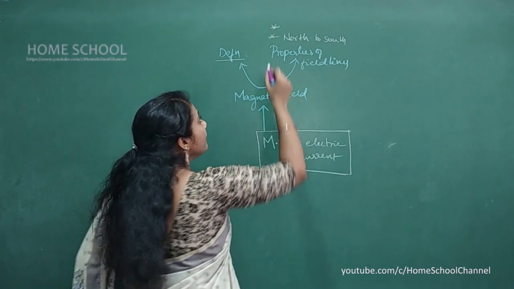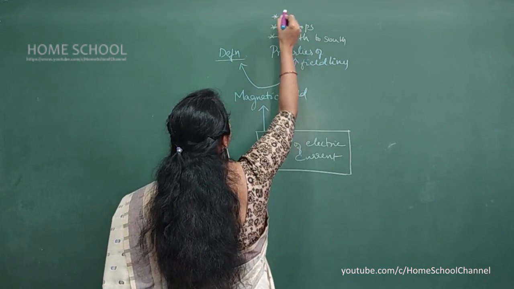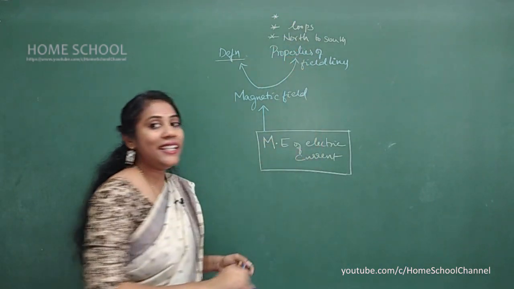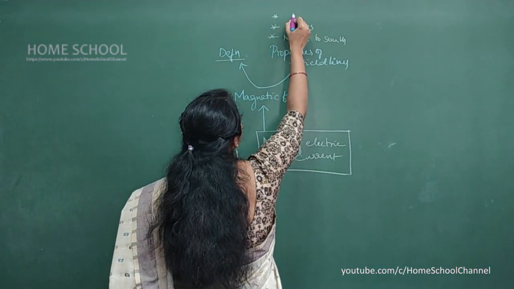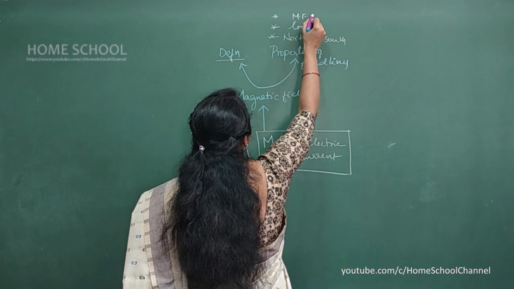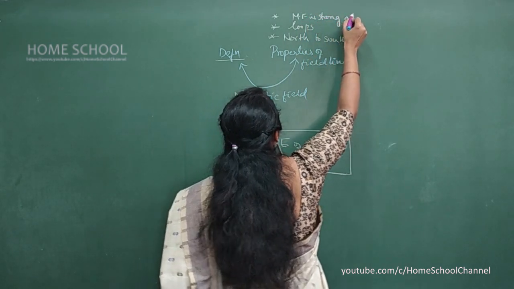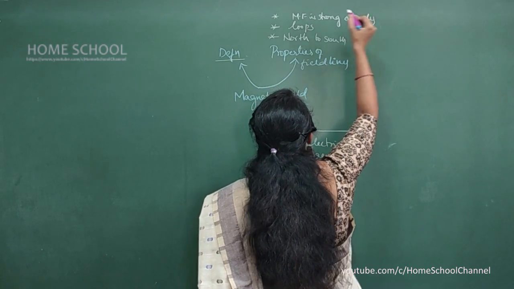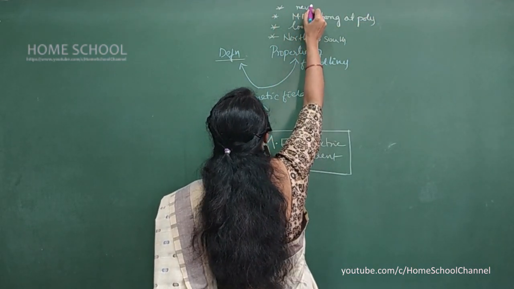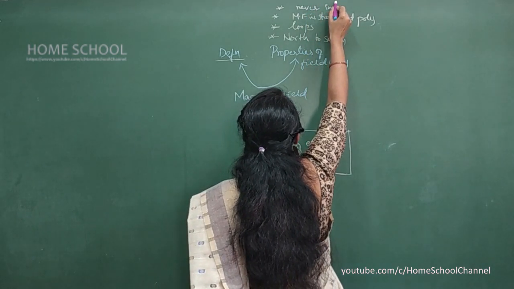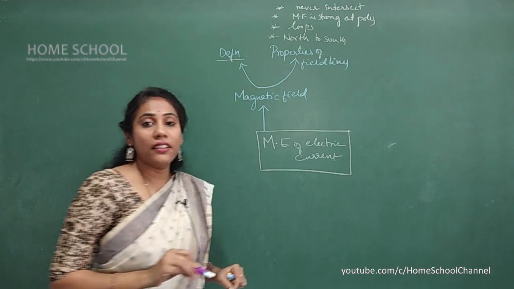The third one is the magnetic field is very strong at the poles. And the next property which is very important is that magnetic field lines never intersect. They will never intersect with each other, right?